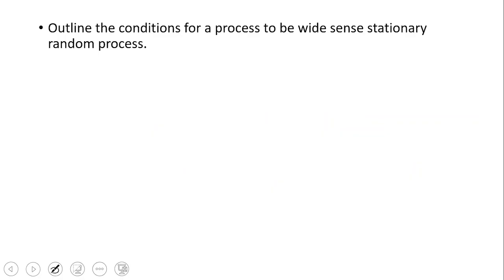Next, outline the conditions for a process to be a wide sense stationary random process. The conditions are the first two.